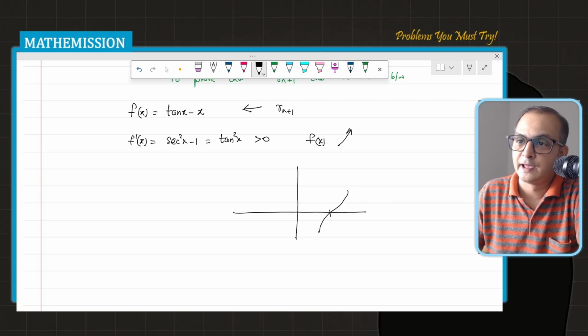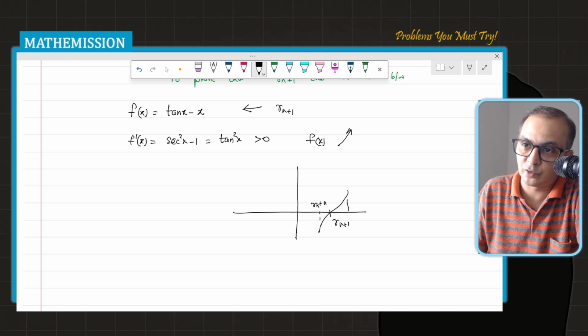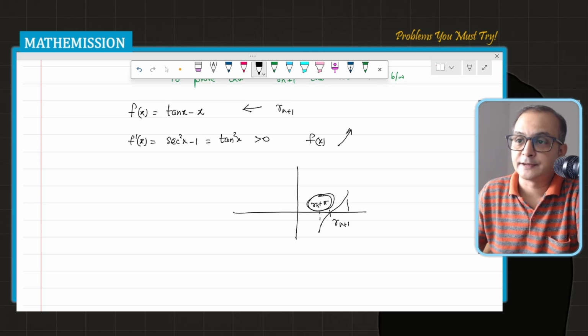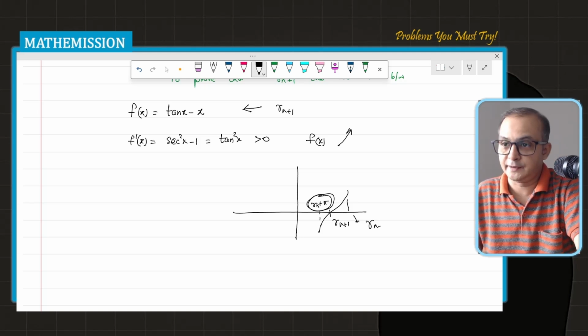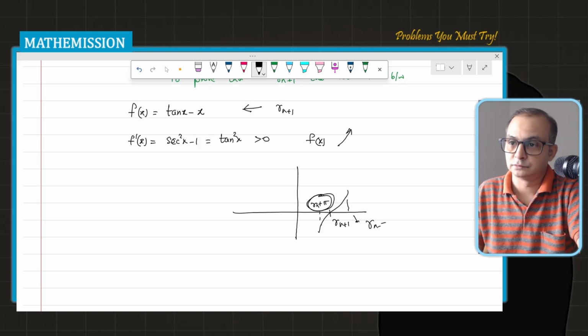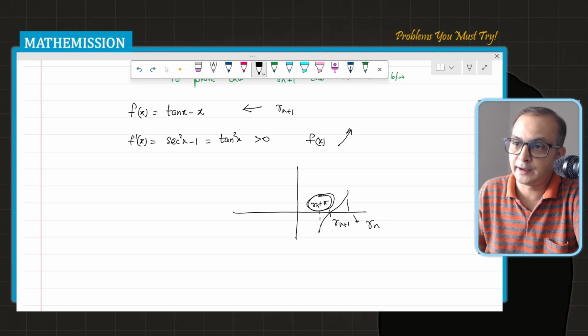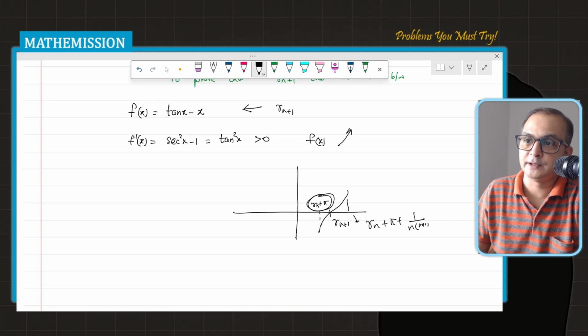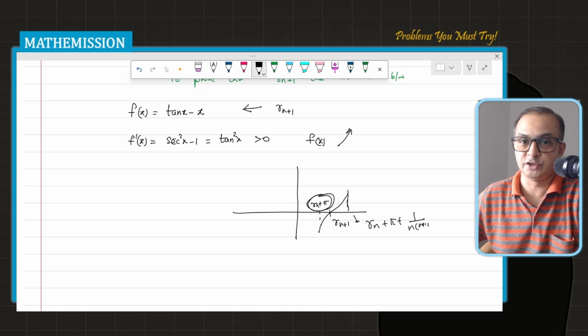If this is Rn plus 1, and it lies between Rn plus pi and this other quantity, then at Rn plus pi the value of the function should be negative, and at Rn plus pi plus 1 by n into n plus 1 pi, the value of the function should be positive.